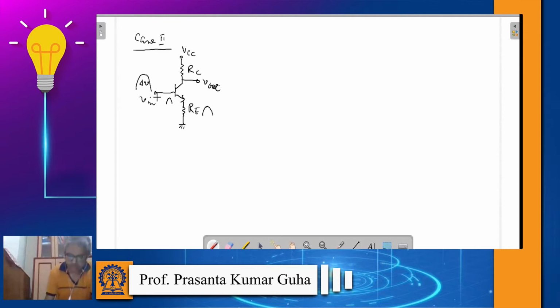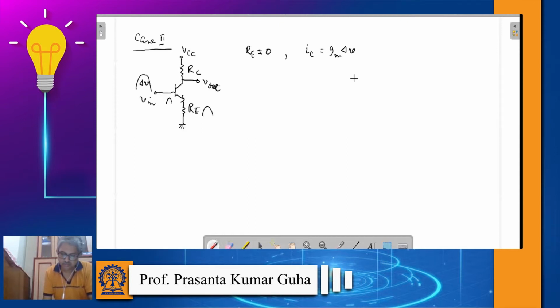So if RE is equal to 0, that is if it is not a degenerate case, then that change delta V at the input signal will change the collector current by GM delta V, right?